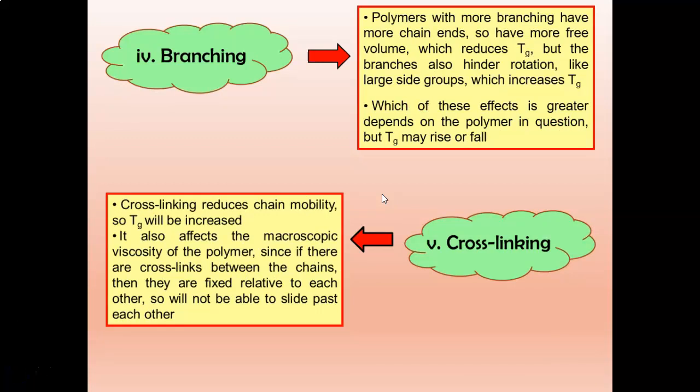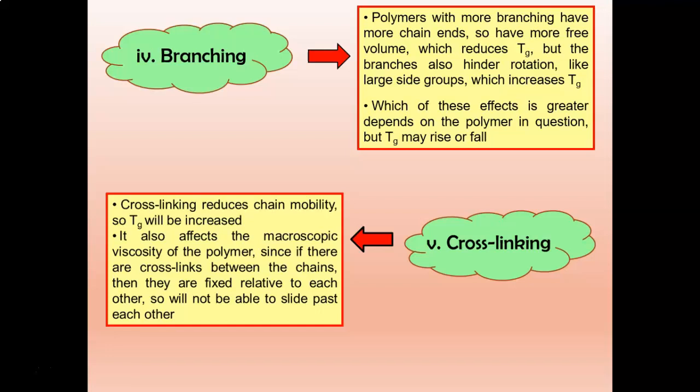Here's the branching. Okay, a polymer with more branching has more chain ends, so it will have more free volume, which reduces the Tg. Okay, remember that if the polymer has high free volume, it will reduce the Tg, but it depends on the structure of the branched polymer. Okay, so if a large side group is attached to the main polymer, it will increase the Tg.